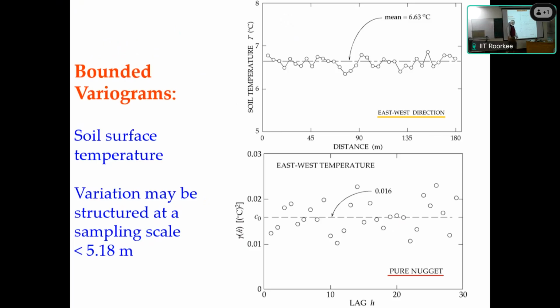And here, look at the semi-variogram. We call this a pure nugget effect. So no structured variation. That's also what we found from the autocorrelation function that just dropped from 1 down to 0 before it hits the first lag distance. So that's what we observe here with the semi-variogram as well.